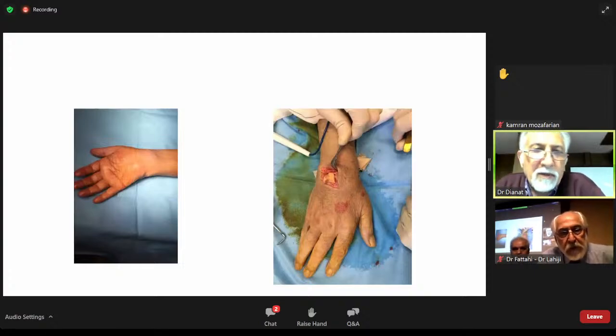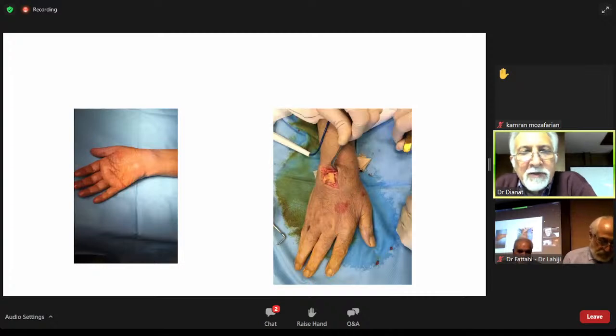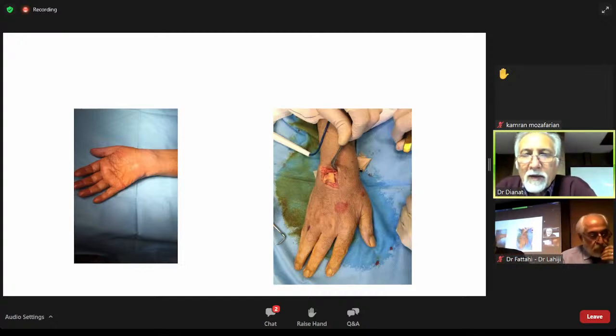After 2 months, he was referred from another city around Tehran. We decided on open reduction because there is no place for closed reduction after 2 months. First, we tried to approach with a dorsal incision.